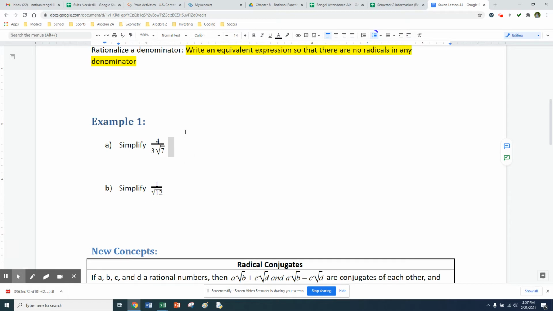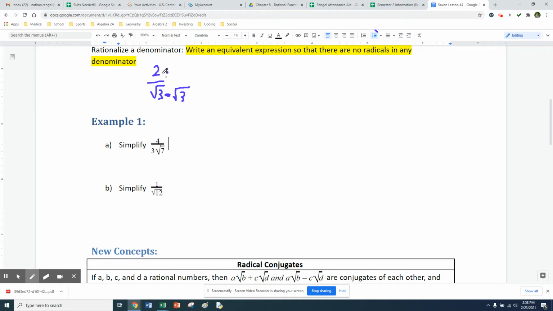Rationalizing a denominator is when we write an equivalent expression so that there are no radicals in any denominator. And to do that, if we had, for example, 2 over the root of 3, we can use that property that we just talked about above. I can multiply any radical by exactly itself, and that's going to change it back to 3, which is now a rational number.